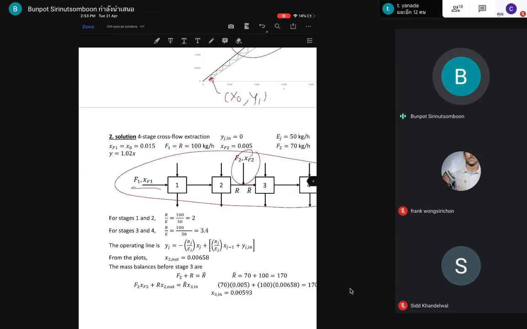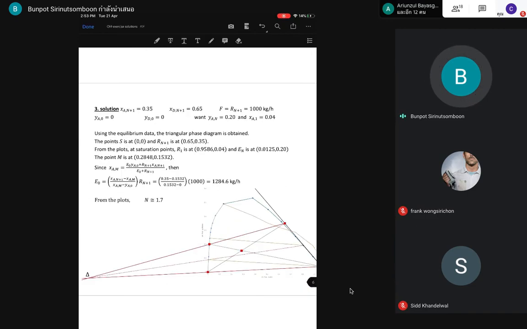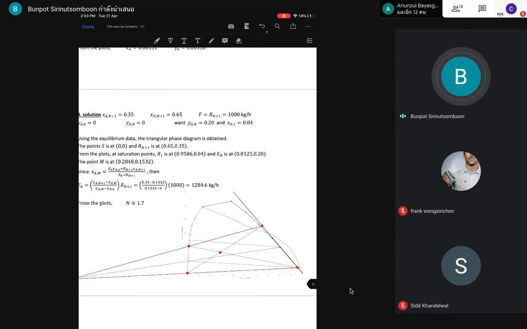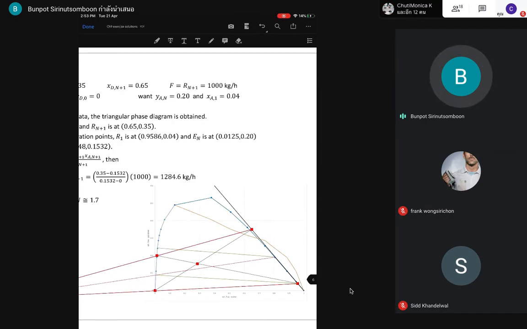Now let's go back to our problem here. From the table, I got this extract line and this raffinate line on both sides, and then I connect them to each other.